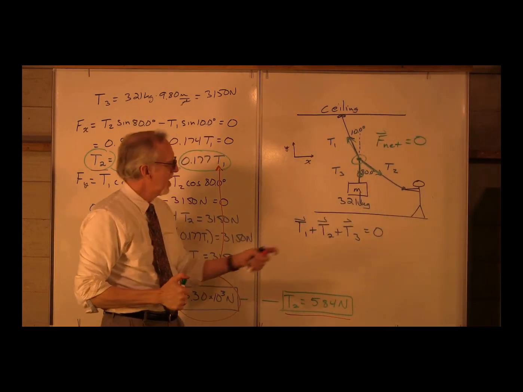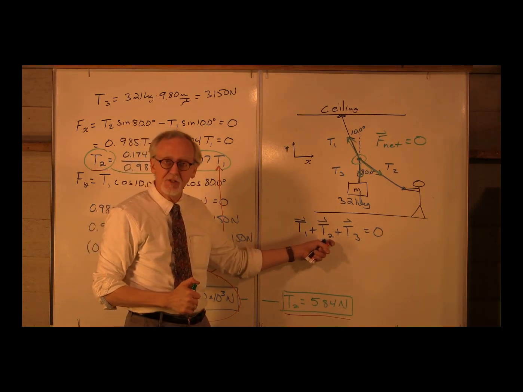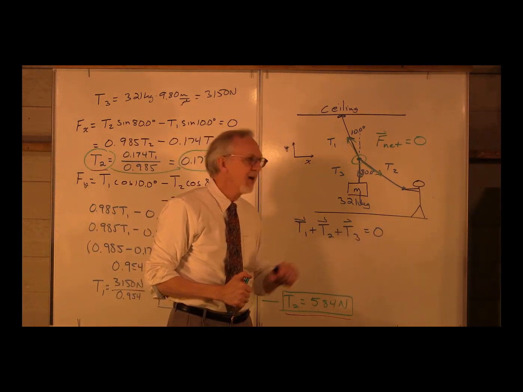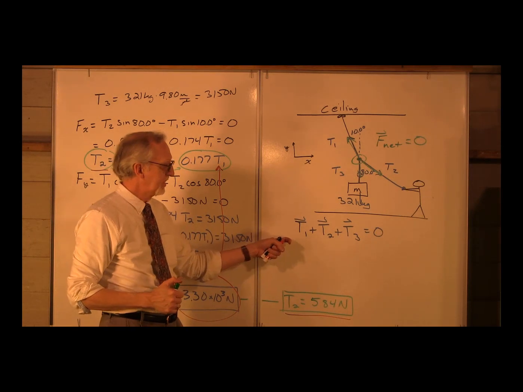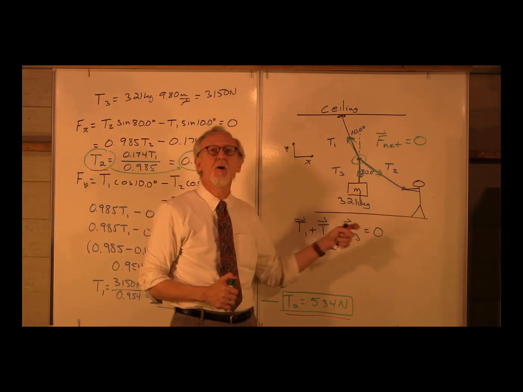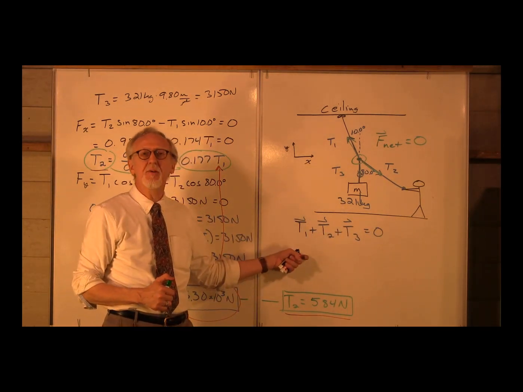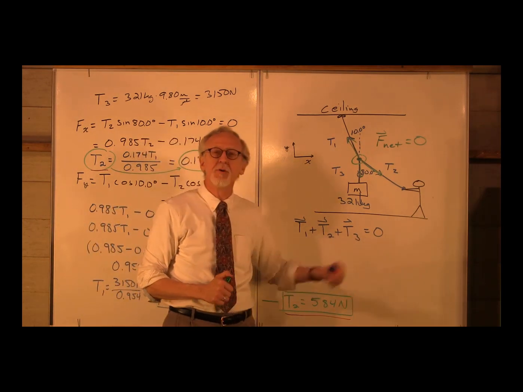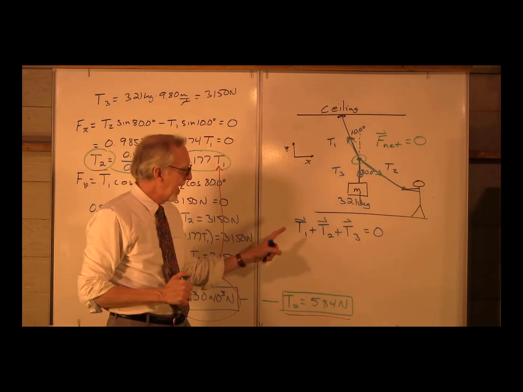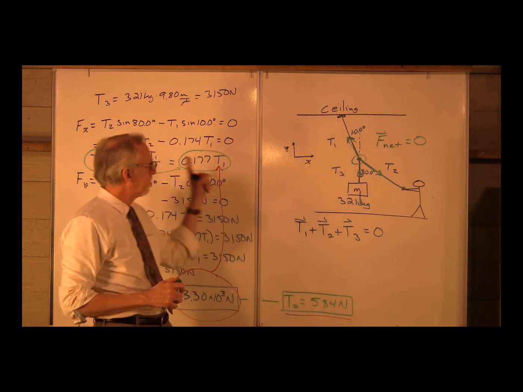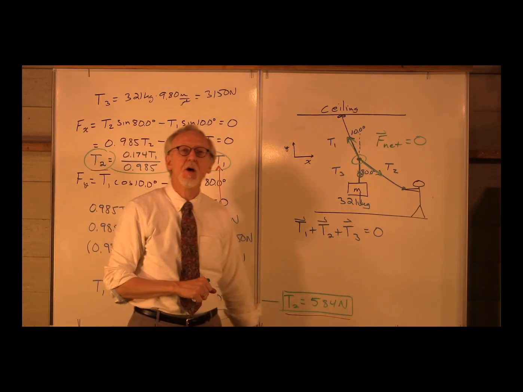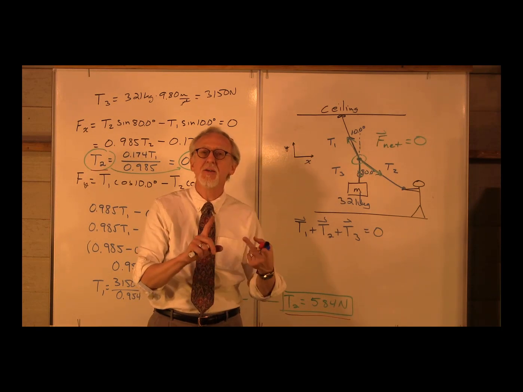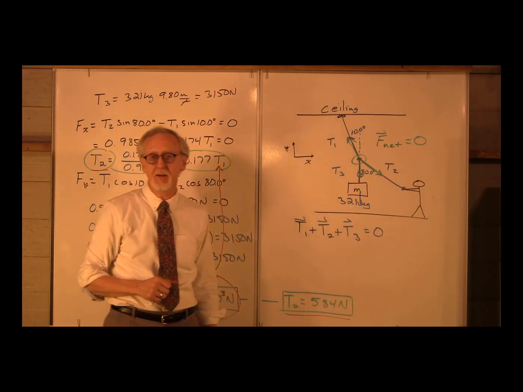In other words, the vector T1 plus the vector T2 plus the vector T3 had to be 0. If a vector sum is 0, the sum of the x components has to be 0, and the sum of the y components has to be 0. By doing all that, we could figure out what those magnitudes T1, T2, T3 had to be.